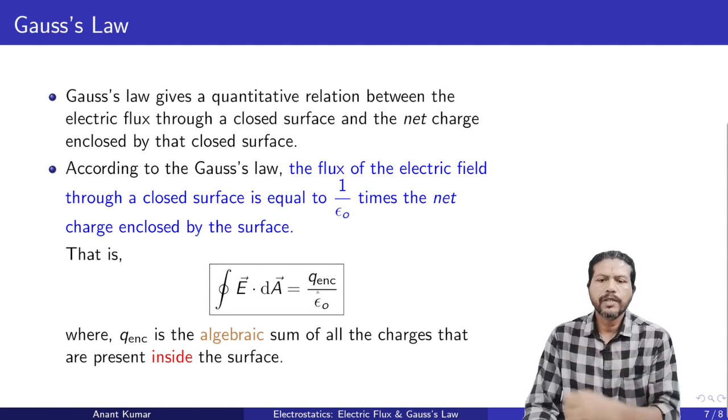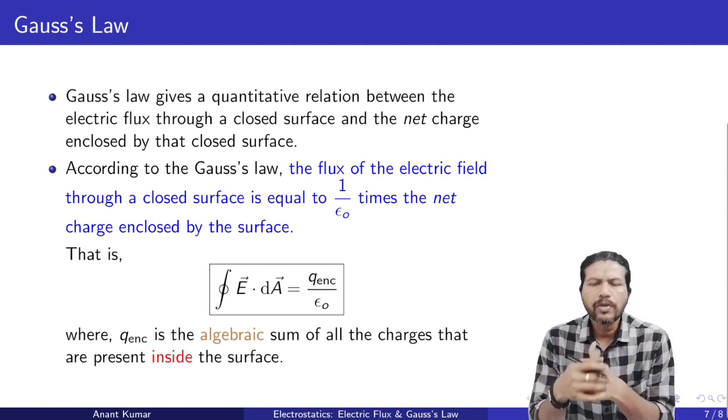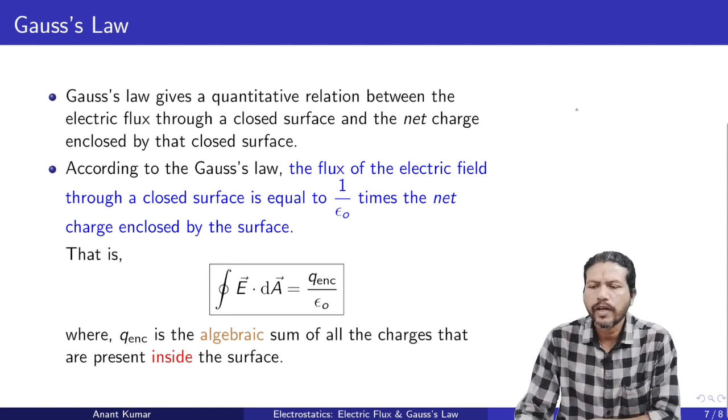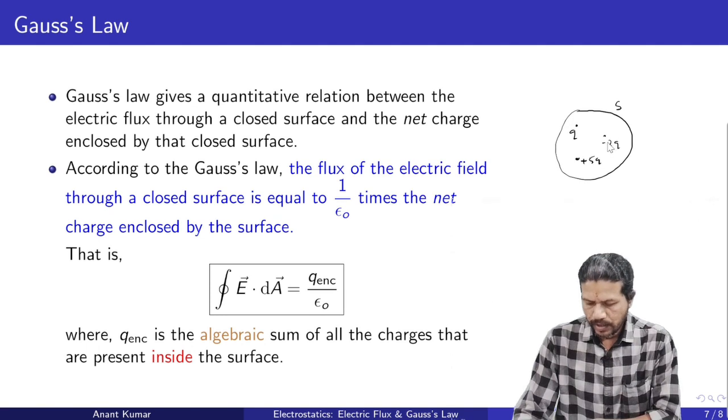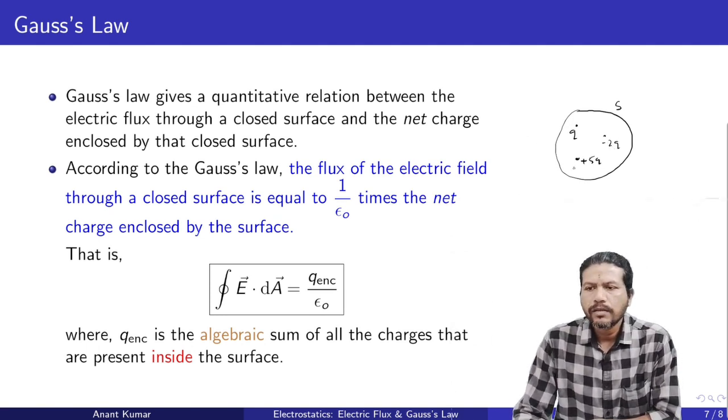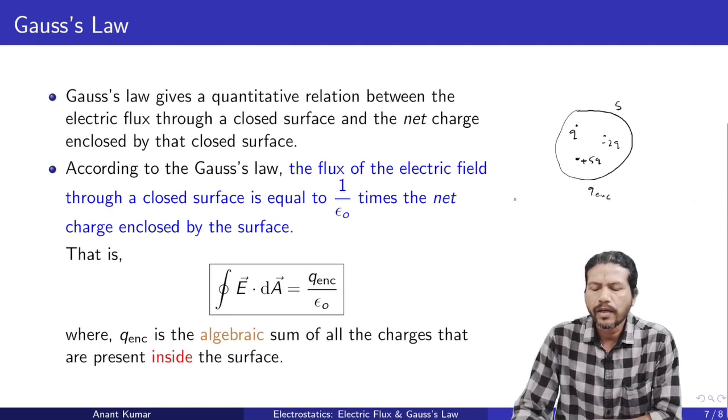Q enclosed is basically the algebraic sum of all the charges that are present inside the surface. So if I have, for example, charges Q, then minus 2Q, and then, say, plus 5Q present, then the Q enclosed, the net charge, is nothing but the algebraic sum, which means the sum together with the sign.